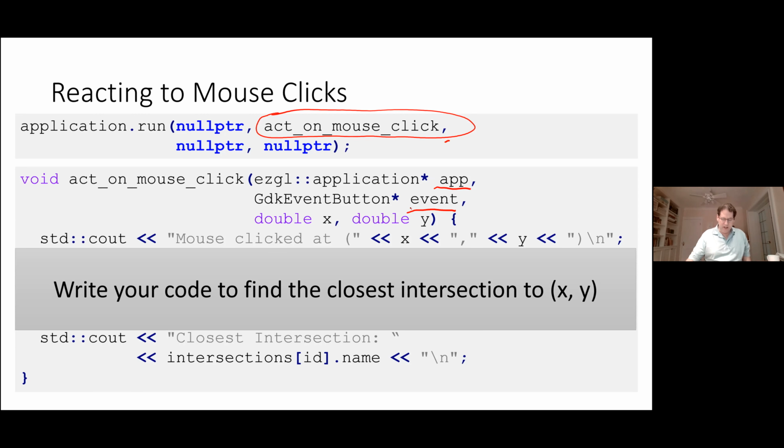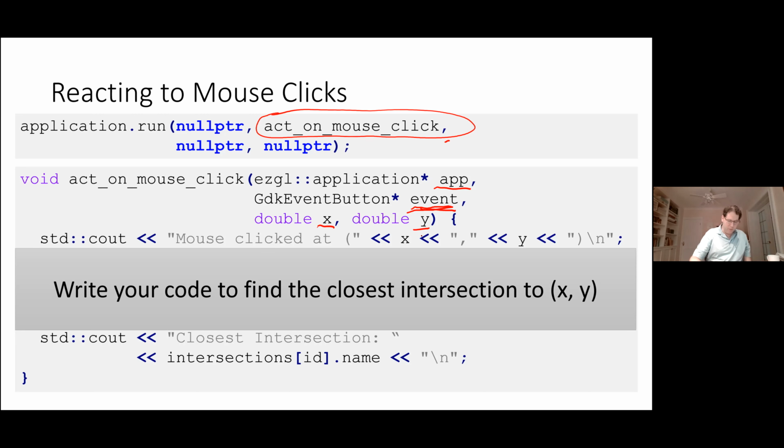So this is basically information about what button on the mouse did the user click, were they holding down shift or control at the same time, and so on. And two other parameters, an X and a Y. These X and Y are where the user clicked, and it's in your coordinate system, so it's in world coordinates.